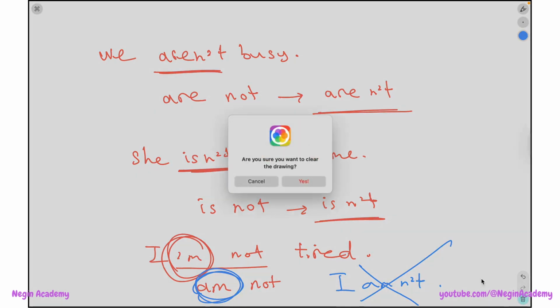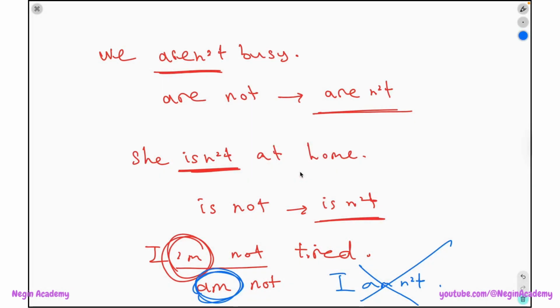Okay, now let's talk about how we make a question with to be. Questions with to be verbs, am, is, and are. Let's look at some examples.